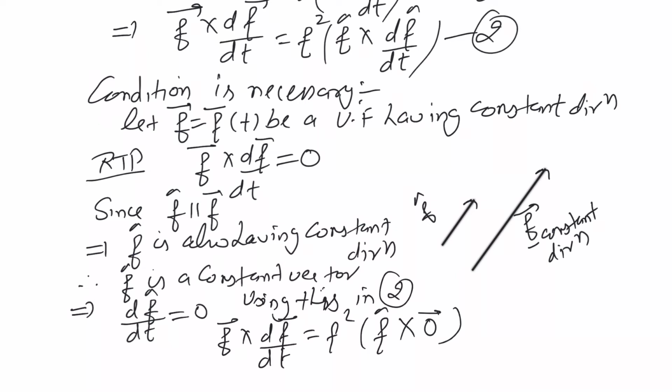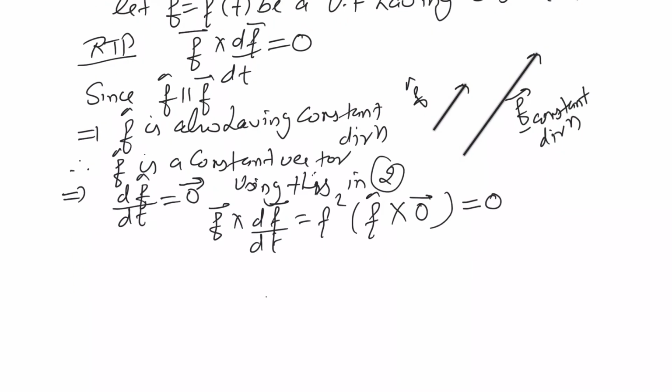It's actually differentiation of f with respect to t, which is again a vector, so even if it is not written, it is obvious that it will be a 0 vector, and cross product taken with 0 vector is 0. So this implies that f cross df by dt is equal to 0. So one way we have proved.